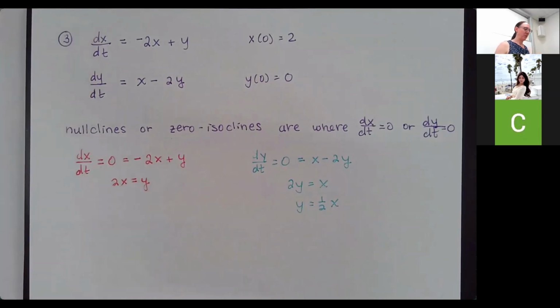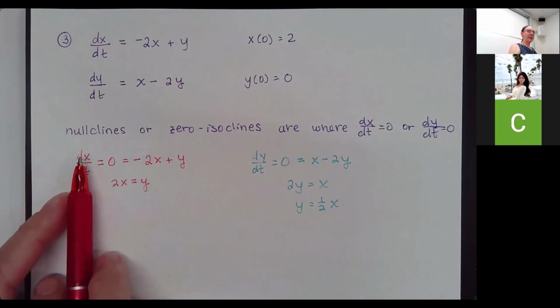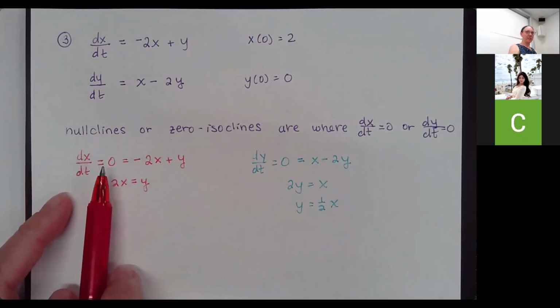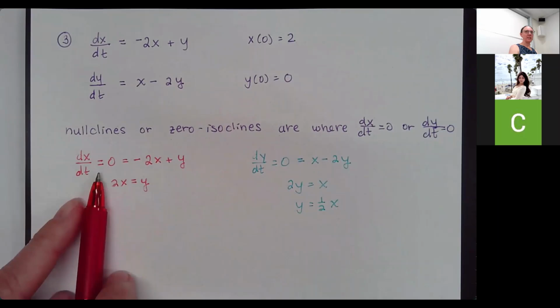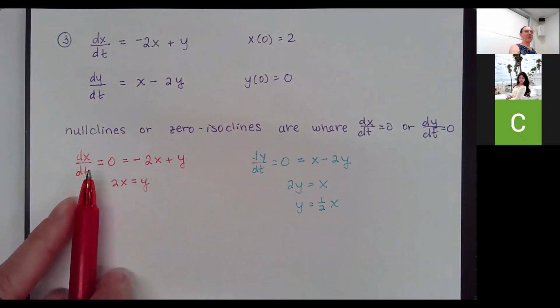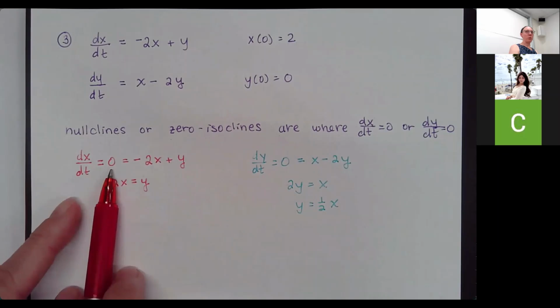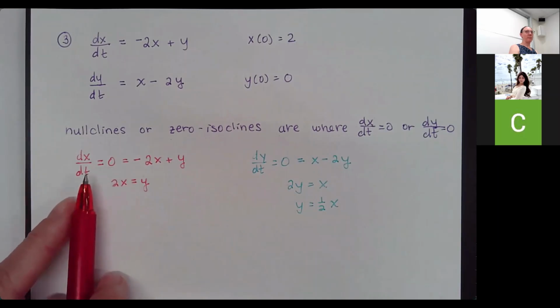So now I'm going to ask the hard question. If my x is not changing, then what direction will my direction vector point? Left, right, or up, down? If my x isn't changing, will I point up, down, or left, right?